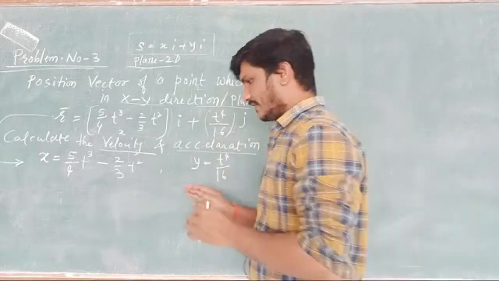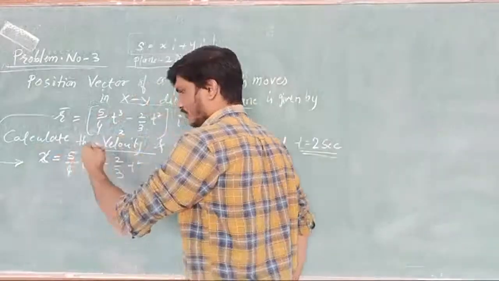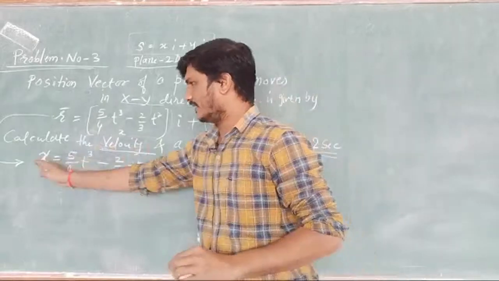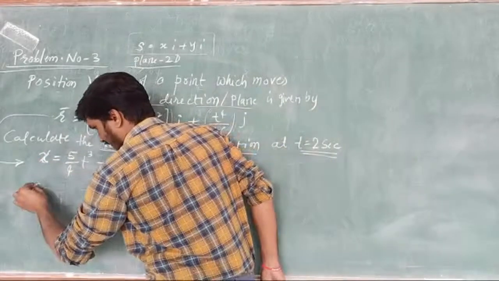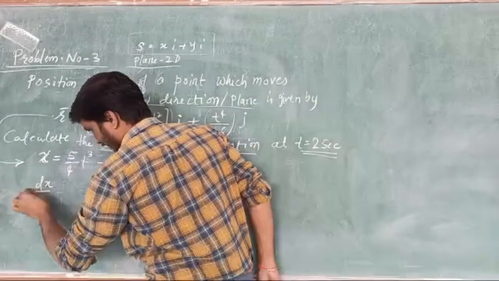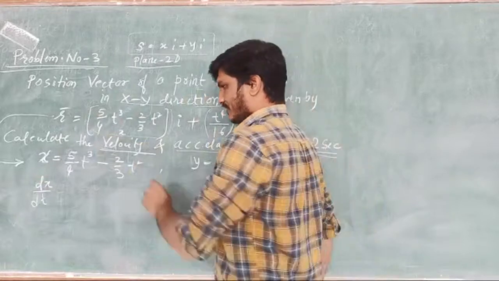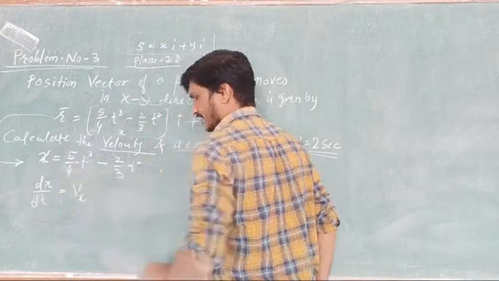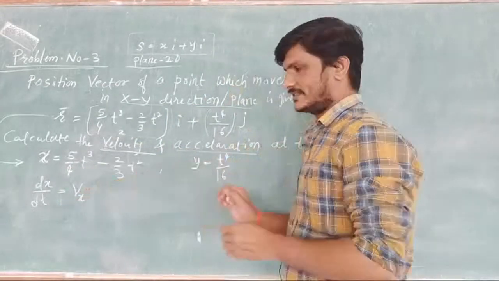Okay. So if you differentiate this equation with respect to t, you will get the velocity along the x direction. So I will differentiate dx by dt, with respect to t. We can call that the velocity in x direction, the component velocity moving along the x direction.